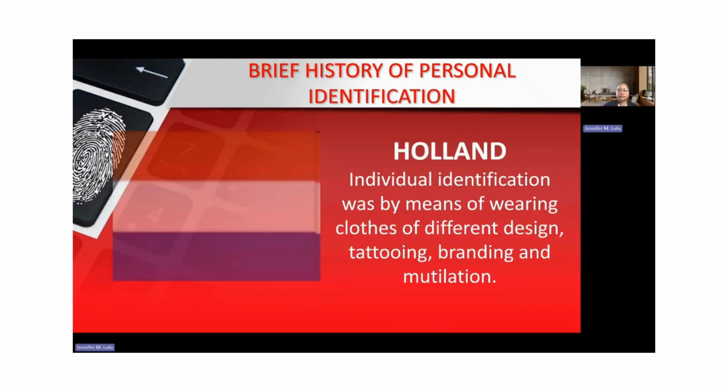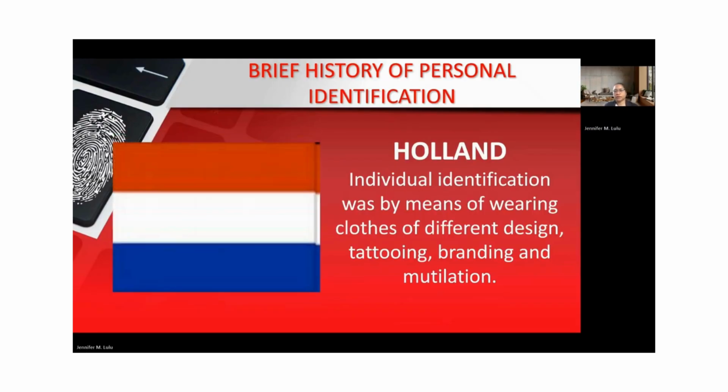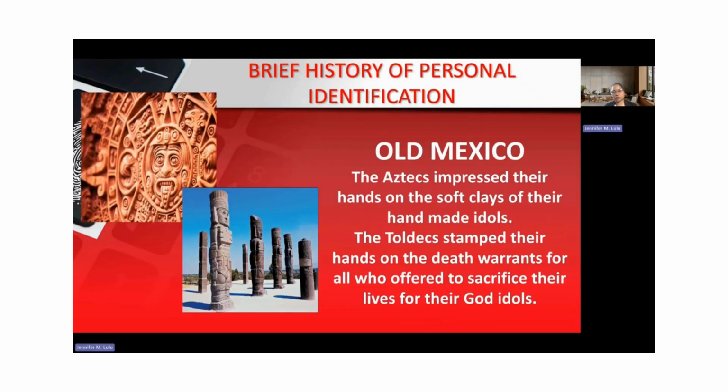Next, we have Holland. From Holland, individual identification was by means of wearing clothes of different design, tattooing, branding, and mutilation. Old Mexico. In Old Mexico, the Aztecs impressed their hands on the soft clay of their handmade idols.